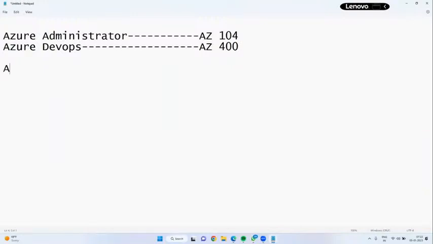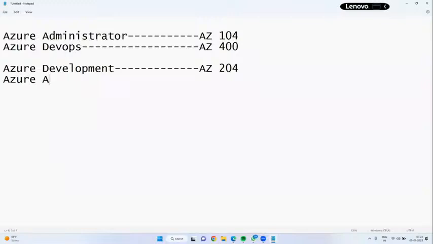In the same way, for Azure development we have AZ204. Next, Azure Architect is AZ305. These are the 4 important certification papers.